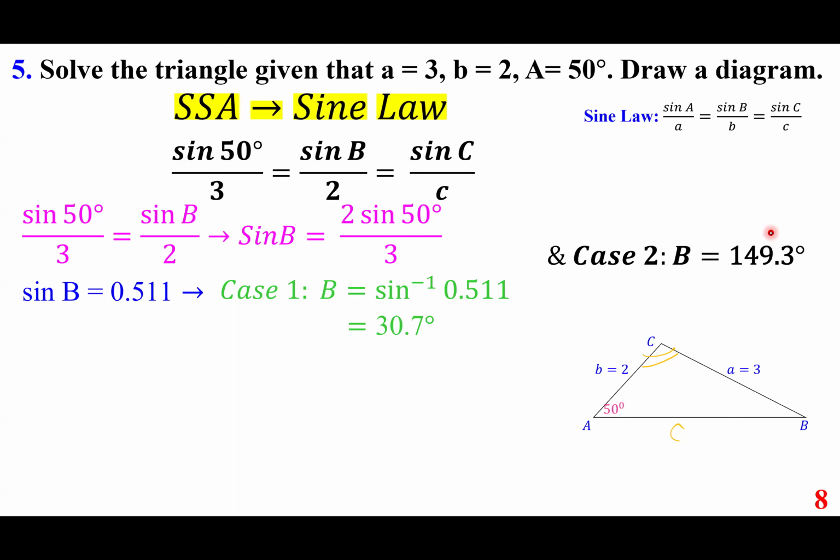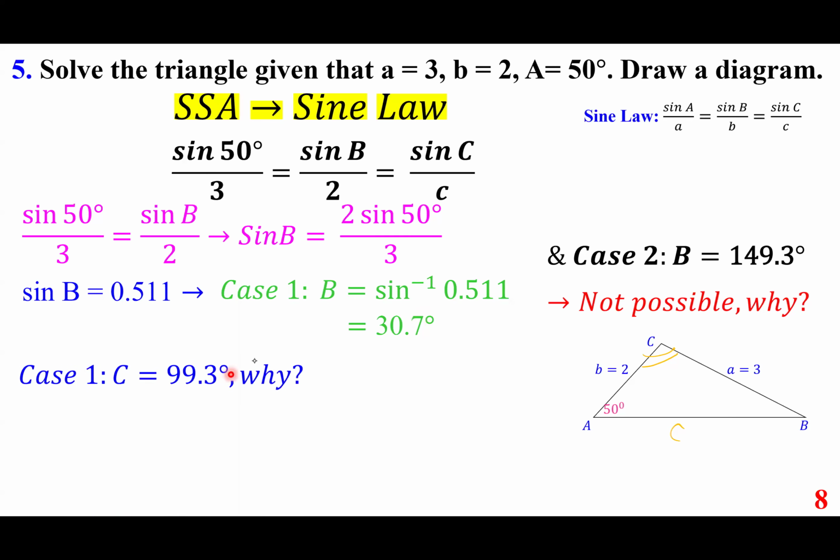As you can see, the sum of these two is not possible, because when you add these two, you get 199.3. You have to get a number less than 180. Doesn't work. So that's out. So you have one case. If you have this one and this one, add them up, subtract it from 180, that gives you the last angle. Okay, so 99.3.